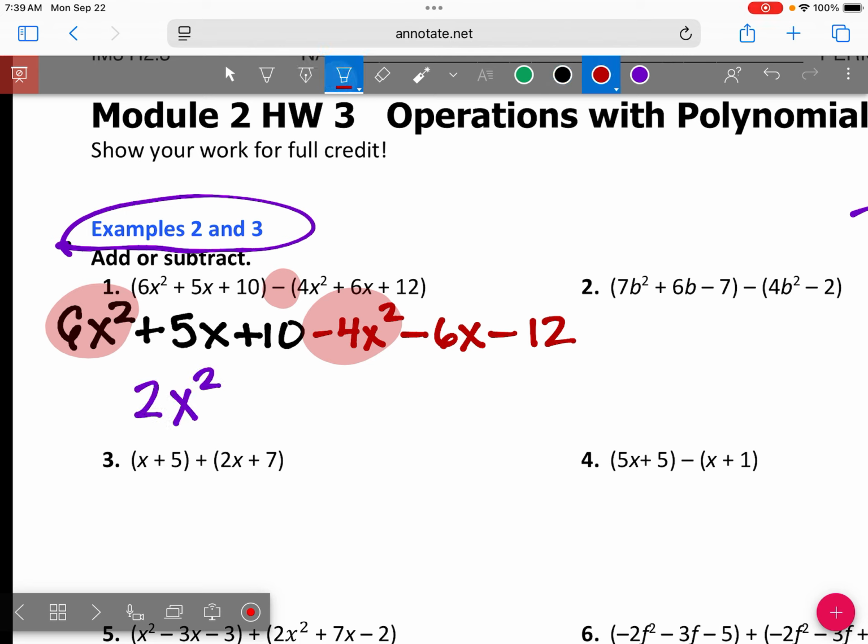And then you have a positive 5x minus 6x. 5 minus 6, negative 1x. And then lastly, you have your 10 minus 12. 10 minus 12 is negative 2.